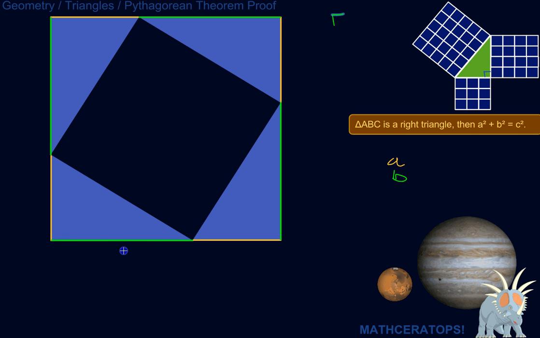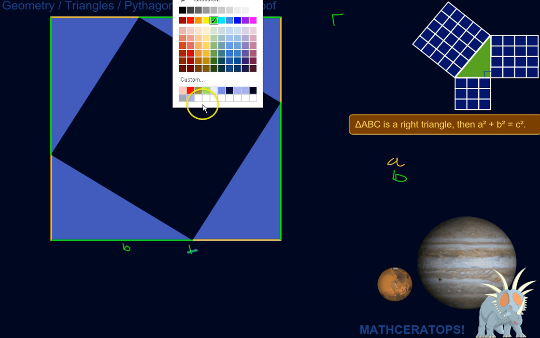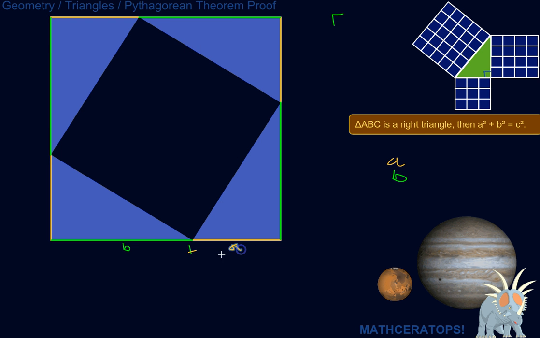Well, this is b plus a, and each side is b plus a. So the area of the big square is b plus a squared. Agreed?